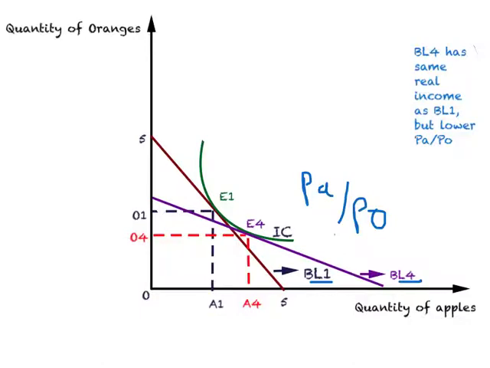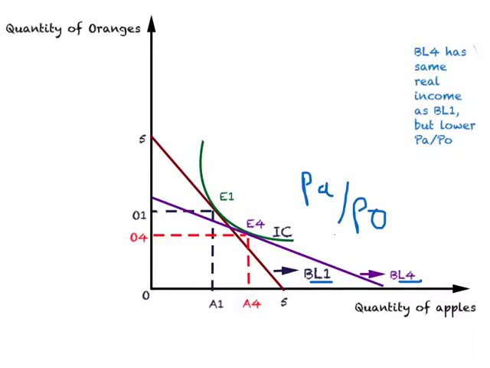Now when two or more budget lines are tangent to a given indifference curve, what this means is both these budget lines are giving the same level of satisfaction to this person, and so we can infer that BL4 and BL1 imply same real income. And why is this? Because both these budget lines give the same level of satisfaction to this consumer.